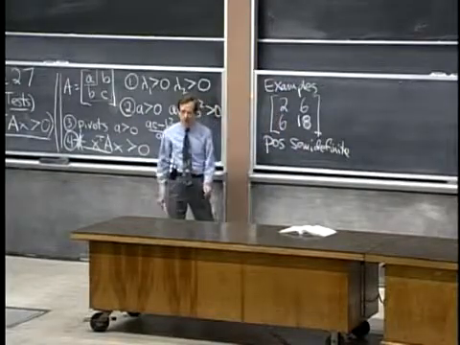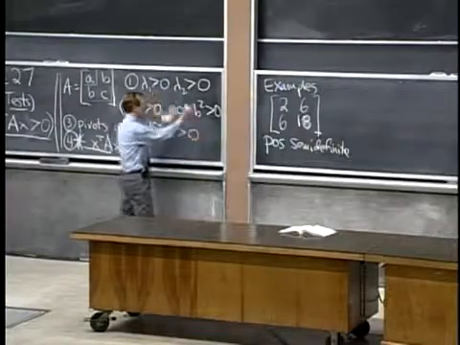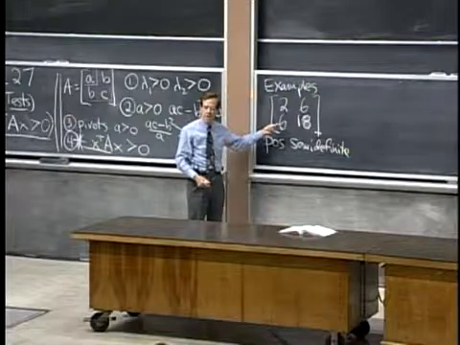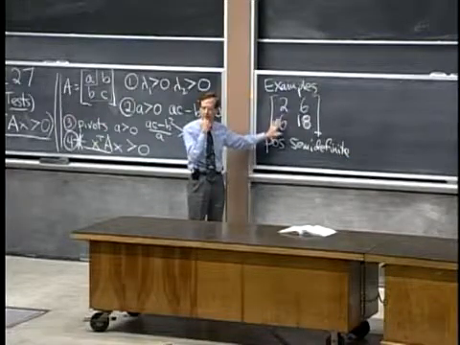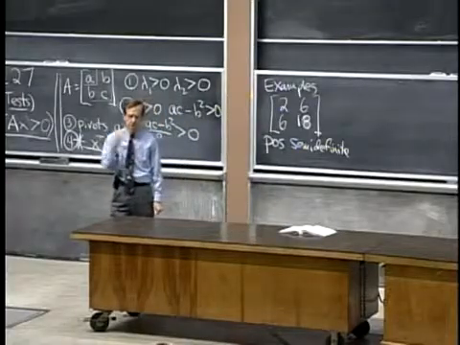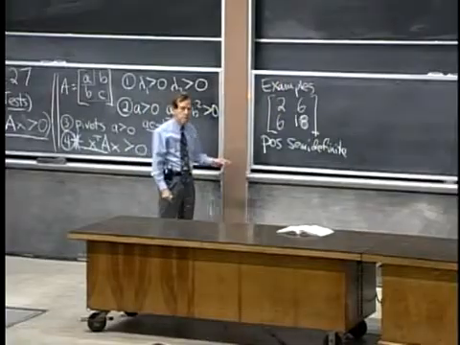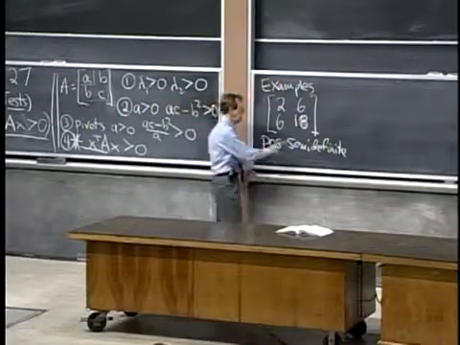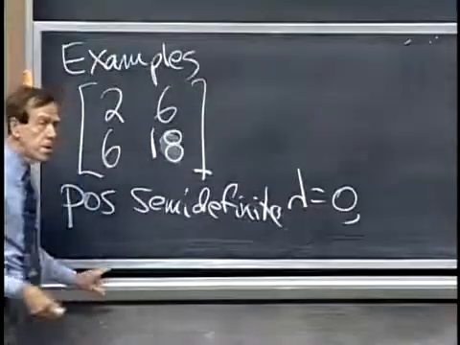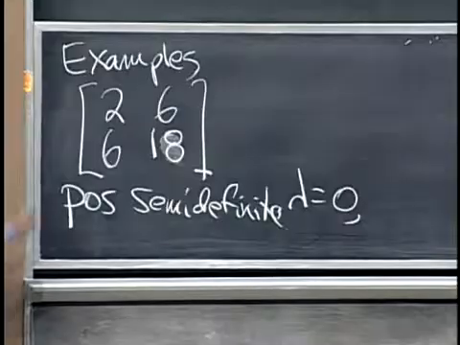When it's semi-definite but not definite, then I'm squeezing this eigenvalue test down. What's the eigenvalue that I know this matrix has? What kind of a matrix have I got here? It's a singular matrix. One of its eigenvalues is 0, and the other eigenvalue is, from the trace, 20.